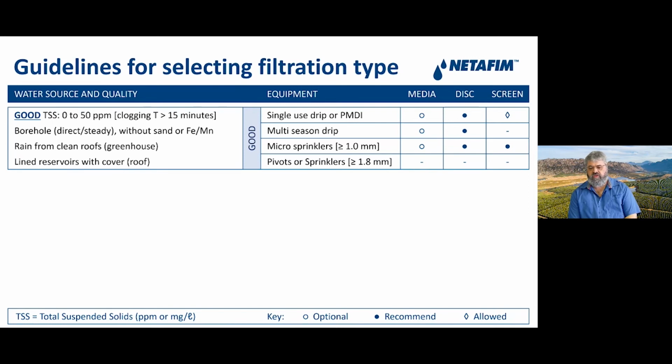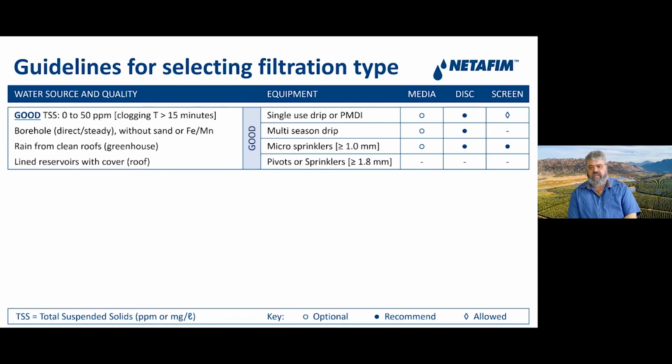Then the last 3 columns are the 3 different types that we want to rate, or have the option to select. We have the media, we have the disc and the screen. And the key for that, symbols at the bottom, if it's optional, recommended or allowed.